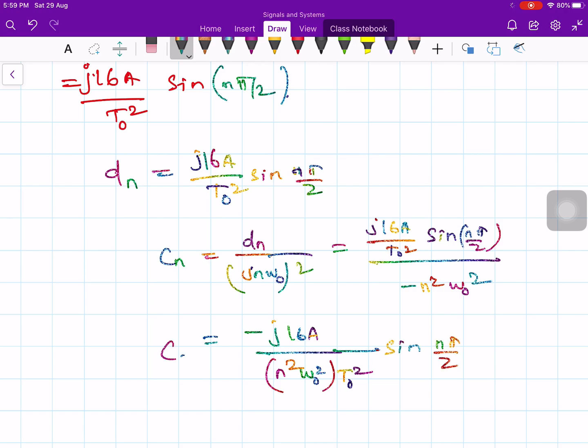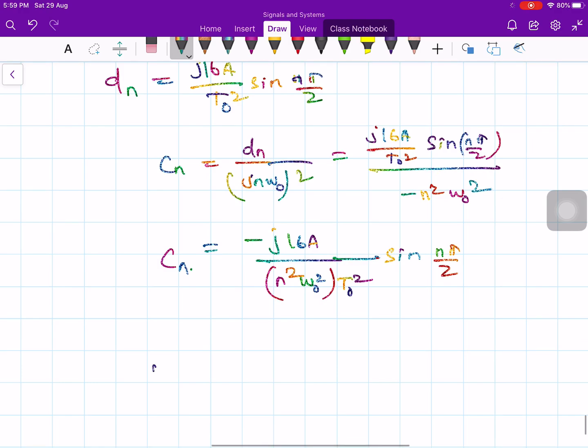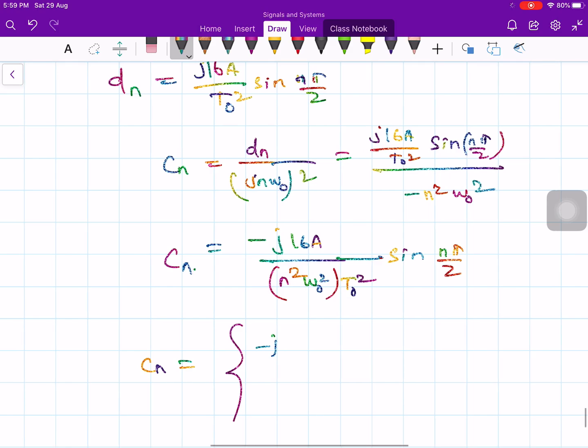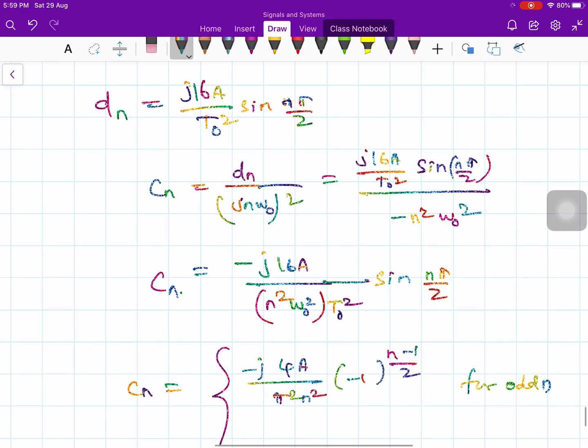This is Cn. Therefore Cn is equal to minus j for odd n, minus j 4a divided by pi squared n squared, then minus 1 whole to the n minus 1 by 2 for odd n, you can write like this, and 0 for even n.